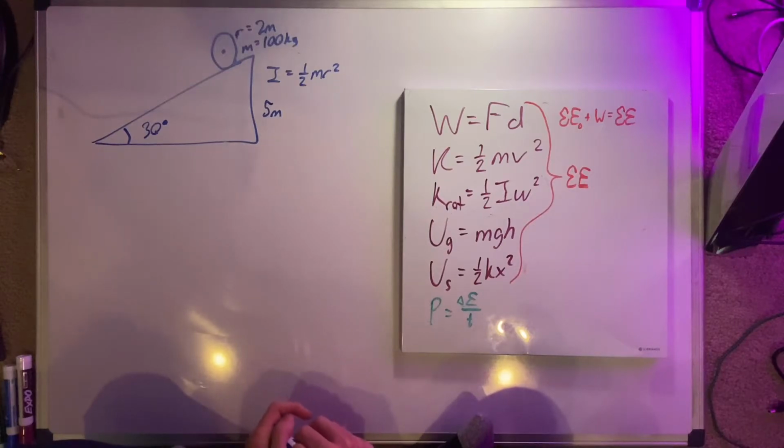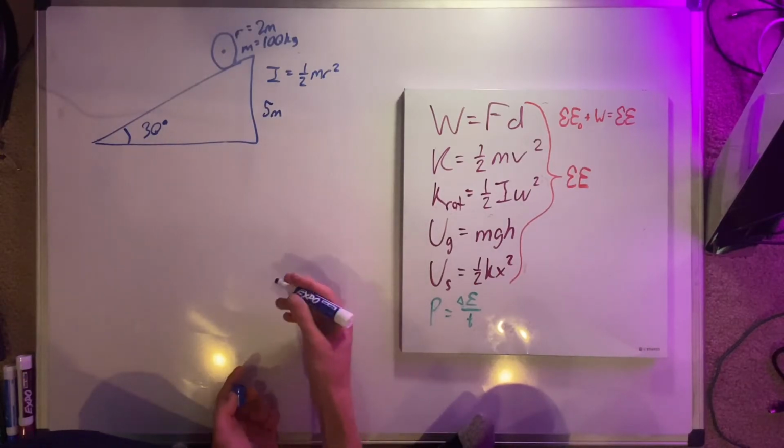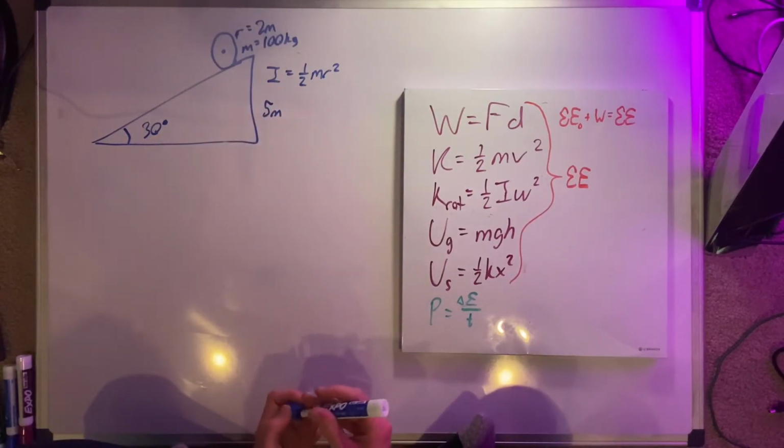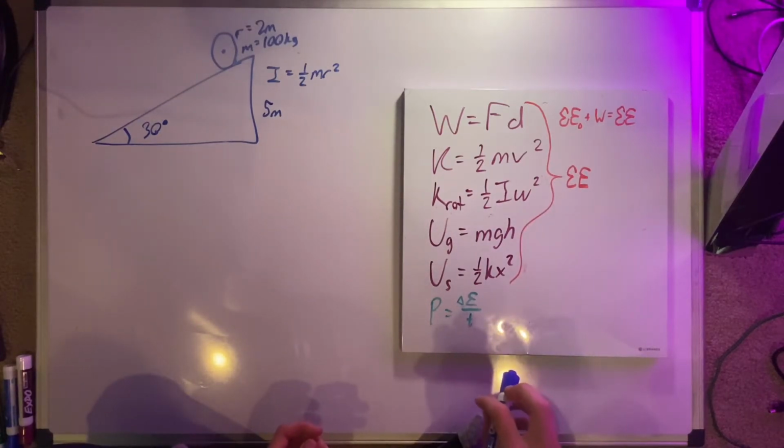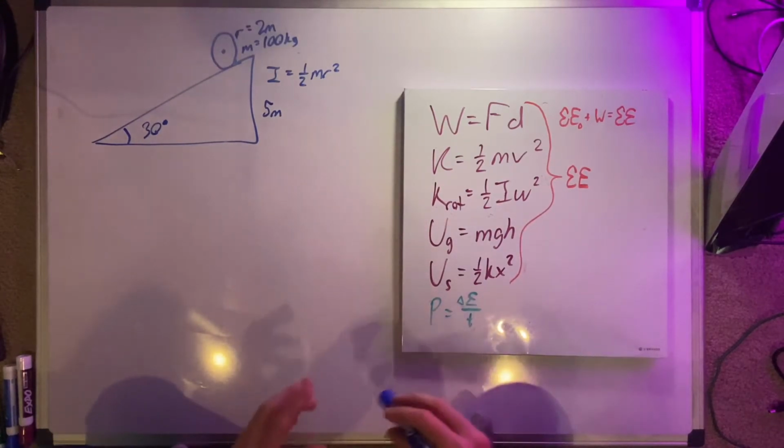One big thing about rolling things is that the problem must say it rolls without slipping. If it says it's slipping, then you can't solve for it, because if it's slipping, there's a disproportionate amount of K rotational that's not being used.